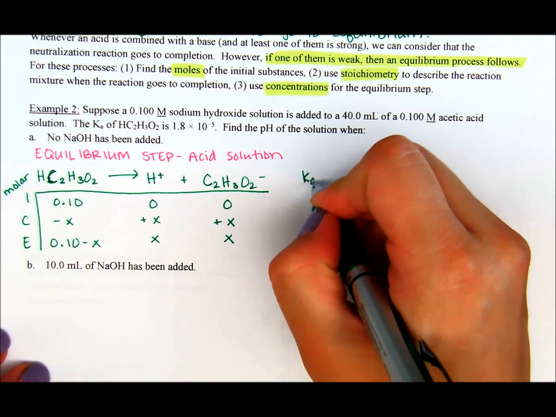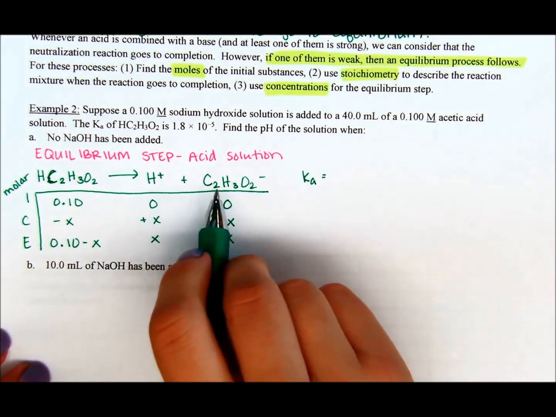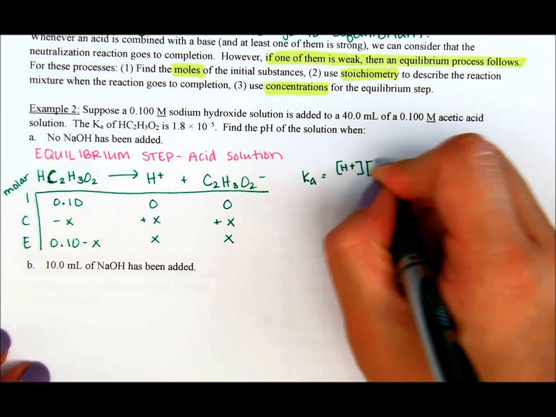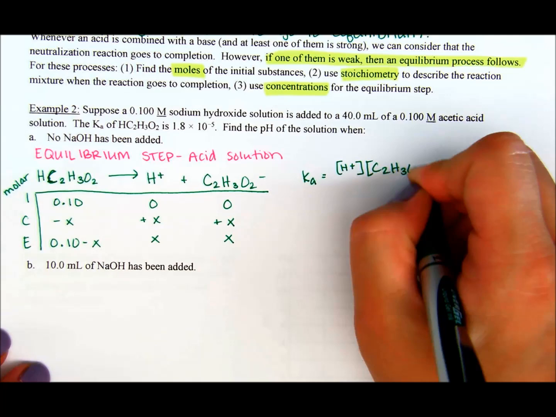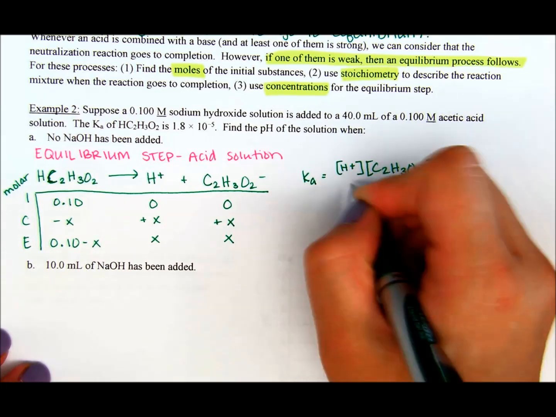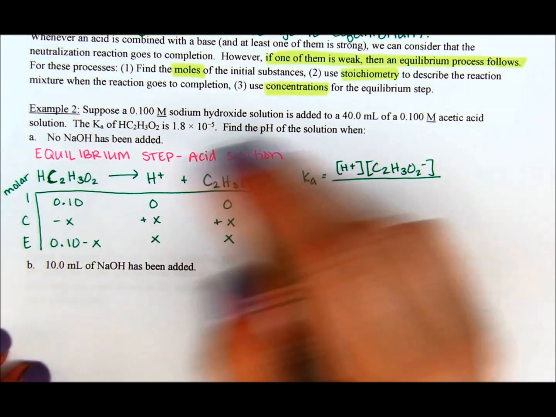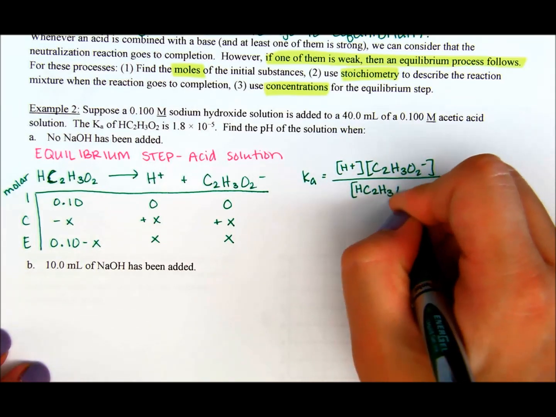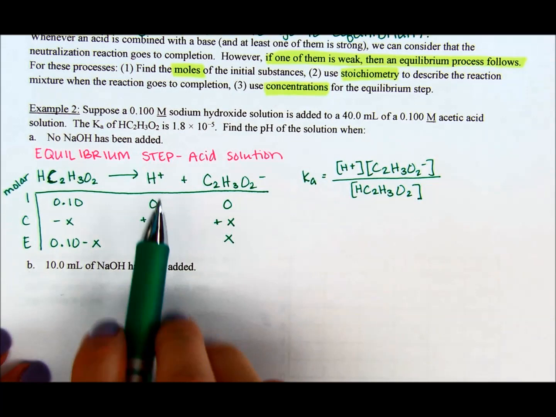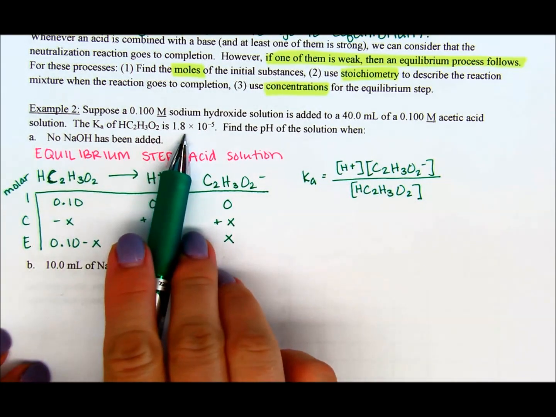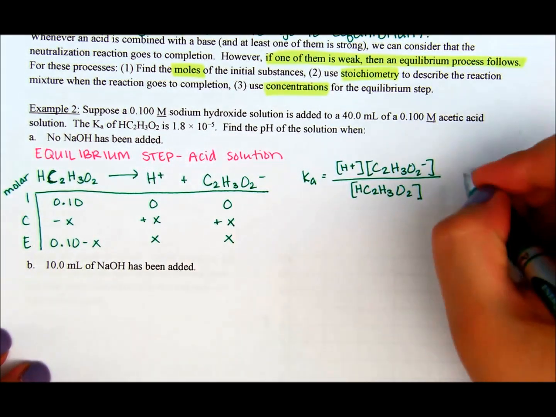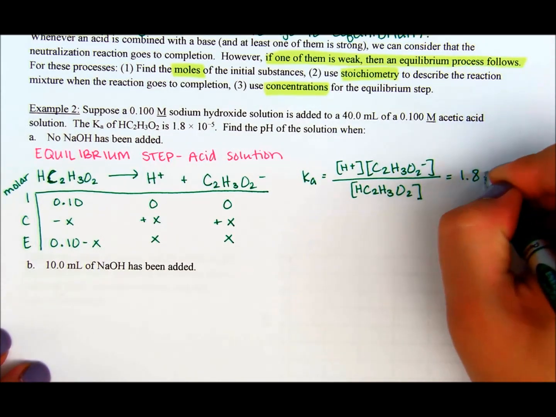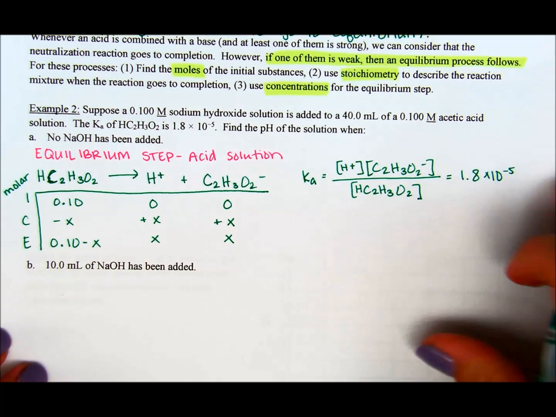Okay, we know then we use Ka equals products over reactants. So hydrogen ions times C2H3O2 minus, over my reactant, and we know our Ka here. It gives us our Ka, which equals 1.8 times 10 to the negative 5.